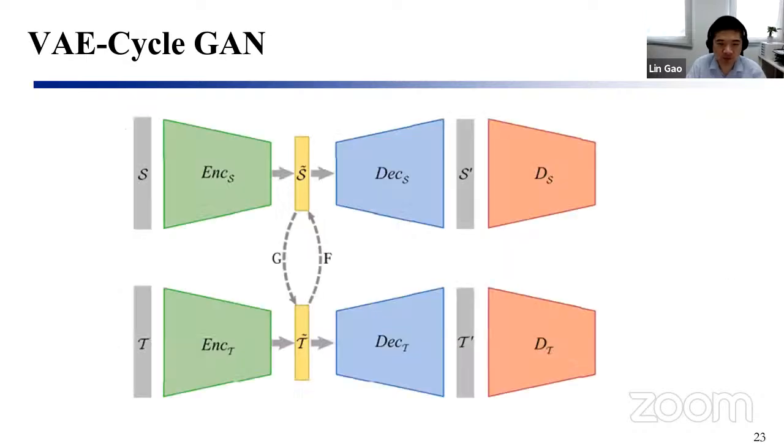So let's go back to the overview of the architecture. Given the target shape, after the encoder and decoder and with the discriminator, because it already exists, the discriminator would view this sample as true or real. But the transformed shapes, or the deformed shapes, would be viewed as fake.